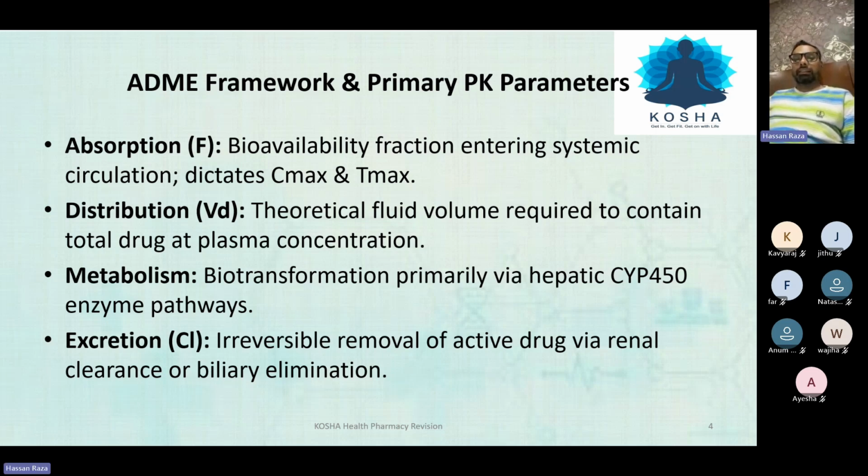Then the next thing is metabolism. We have already discussed metabolism, how drugs transform through different hepatic enzymes, and in today's lecture we will discuss excretion as well.